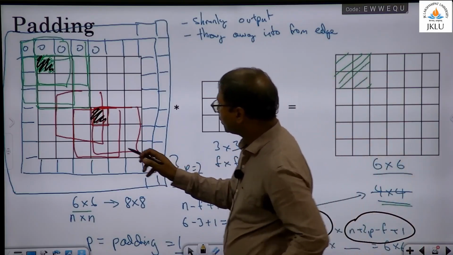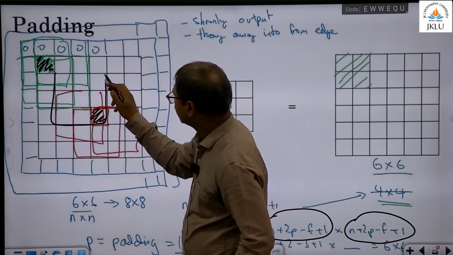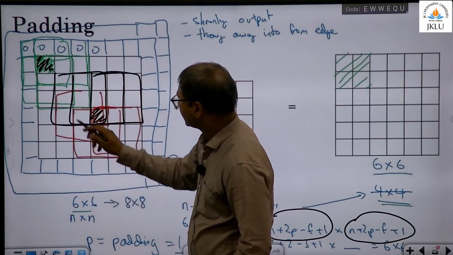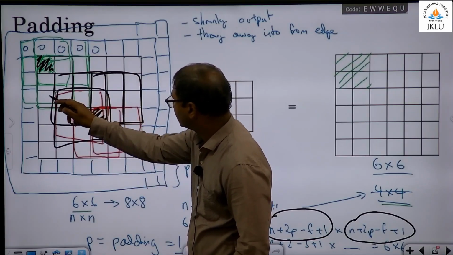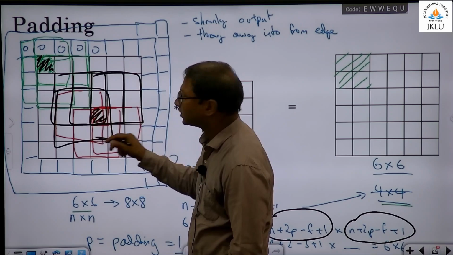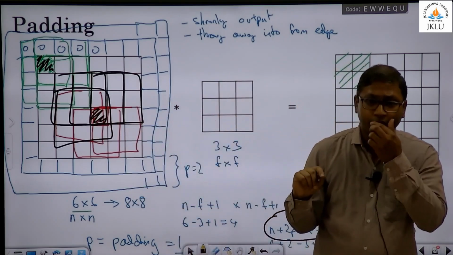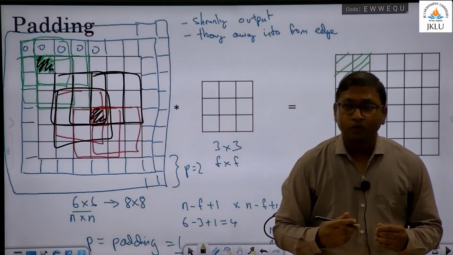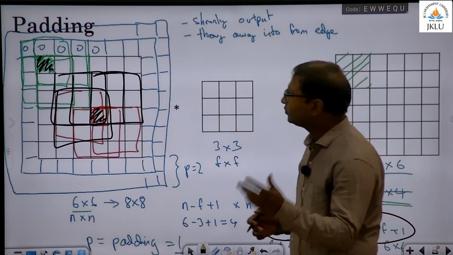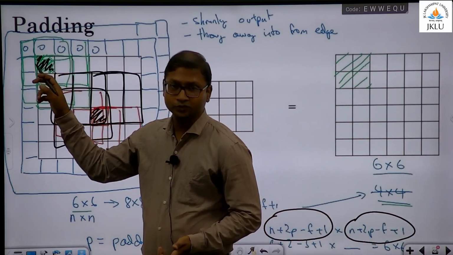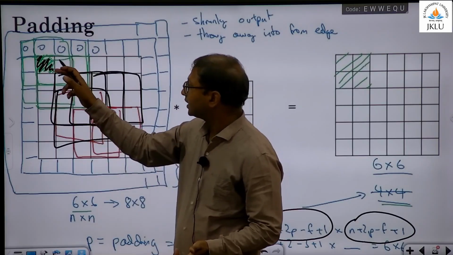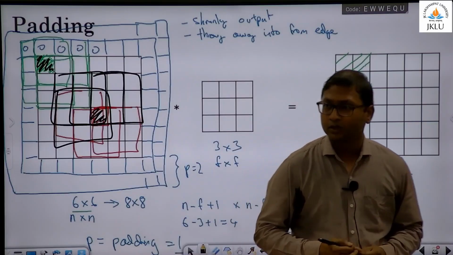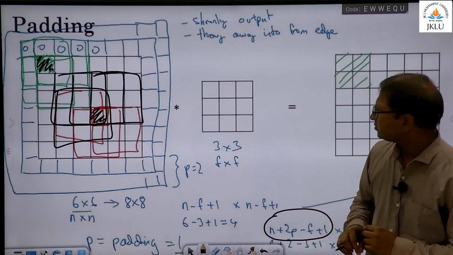So it will be contributing to this one, then this one, then this one, so maybe 9, whereas this will be contributing to 1. So there is a simple question, can I improve the representation of this pixel? So you just take padding and now this will be there in many more convolutions compared to earlier ones.